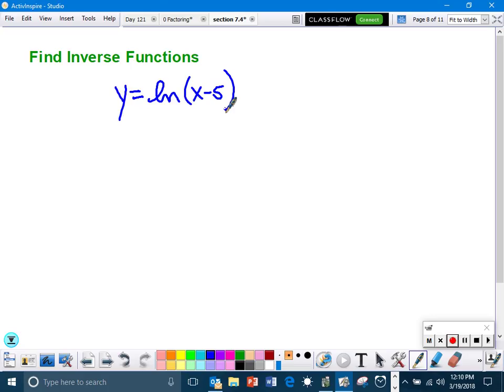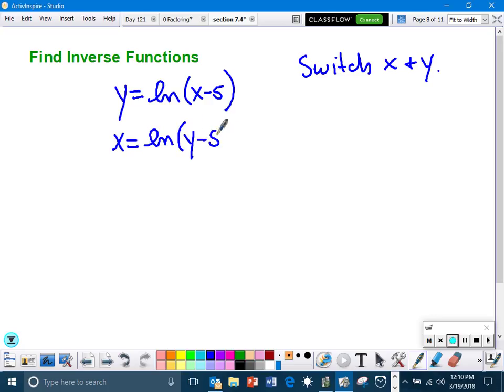So we're going to use what we learned in chapter 6. Here we go. We're going to switch x and y, just like we did in chapter 6. So I'm going to write x equals natural log, parentheses, y minus 5. The next thing we're going to do is what I just taught you on the previous page.